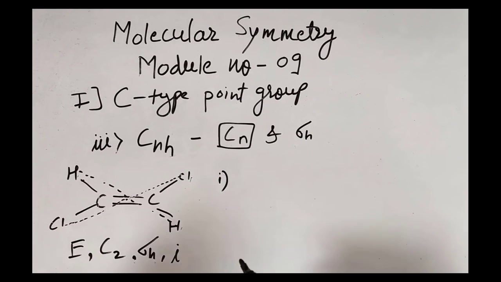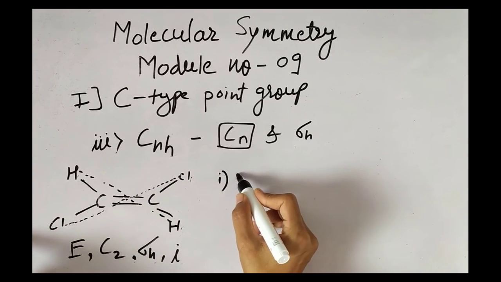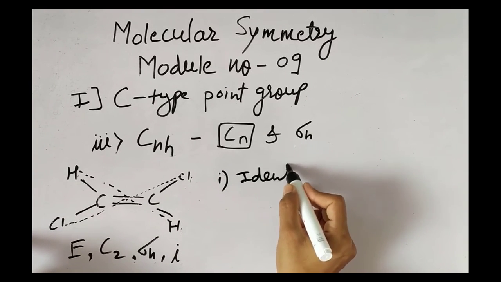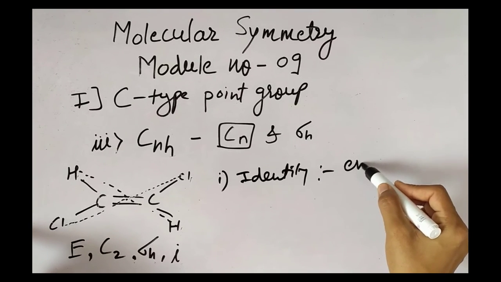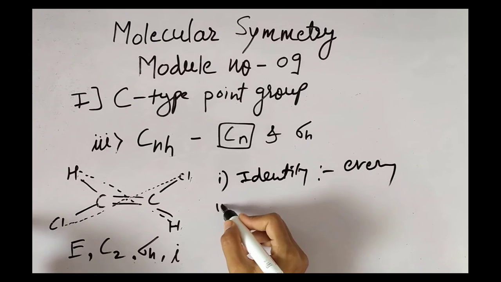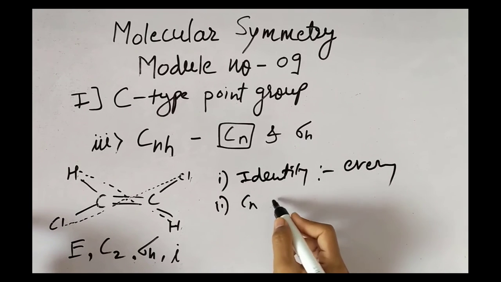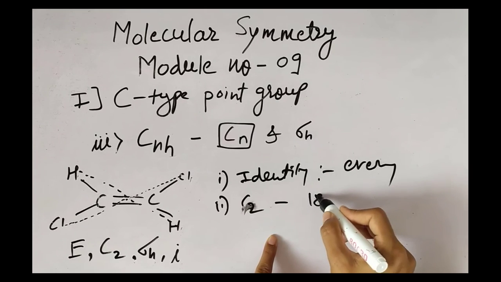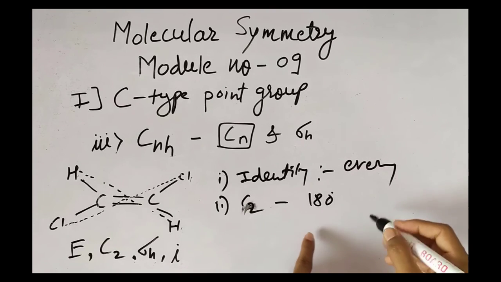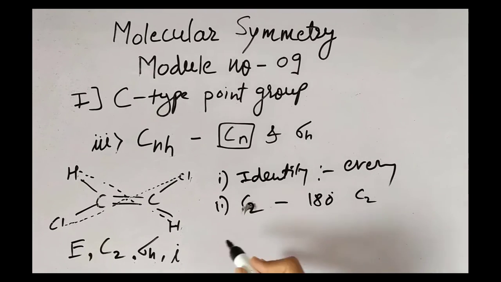Alright. Suppose for example, the first symmetry element present is identity. Then you will explain that it is the element possessed by every molecule. Then you will explain C2 as the principal axis. Then you will say that as the molecule is rotated by 180 degrees, the principal axis present is C2.